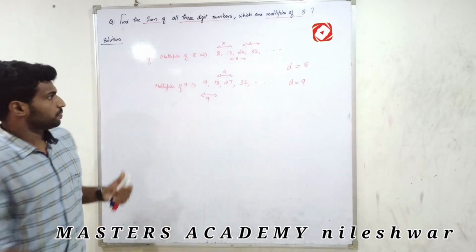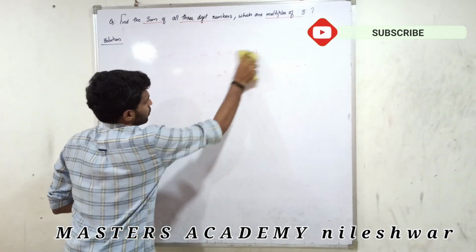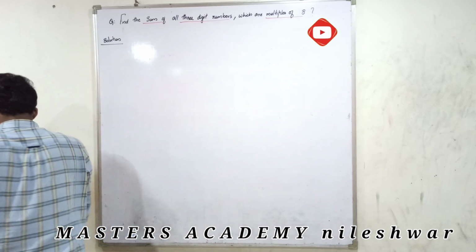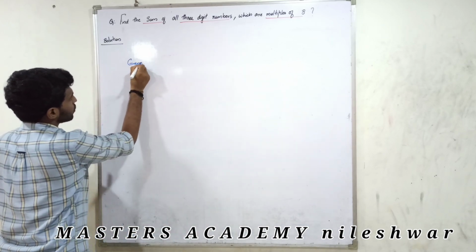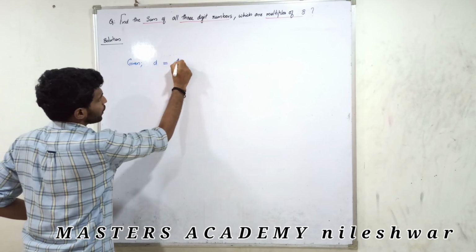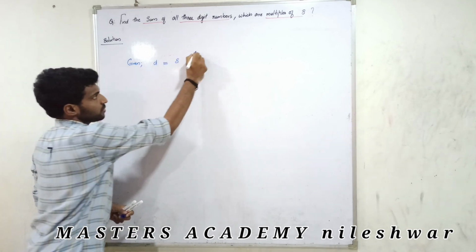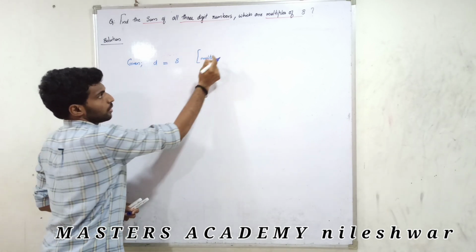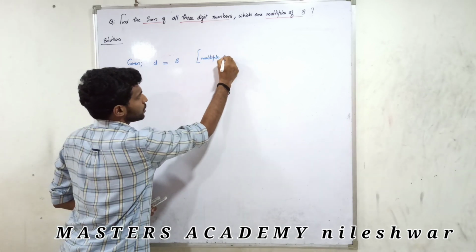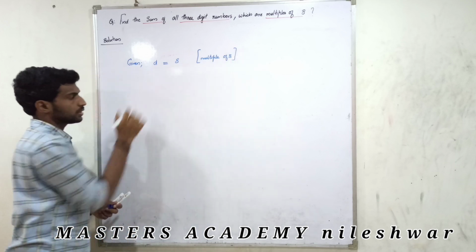Understood? So given d equal to 8, because they are providing multiples of 8. It is not compulsory to write out the multiples of 8. So we got d.